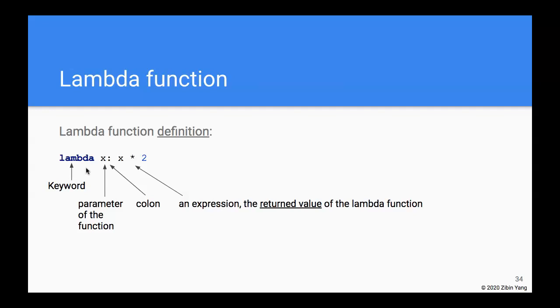It's a keyword in Python, followed by the parameter or parameters of the function, and then a colon, and then an expression. And this expression is just any valid Python expression, and that becomes the return value of this lambda function.